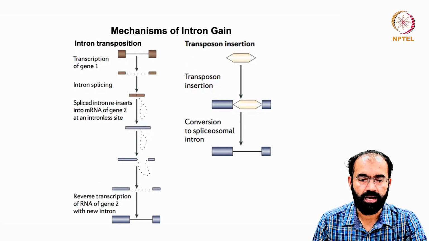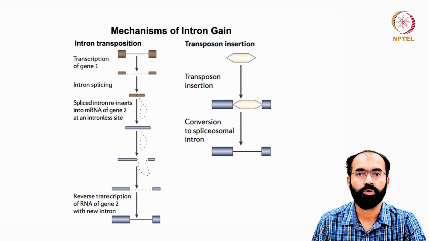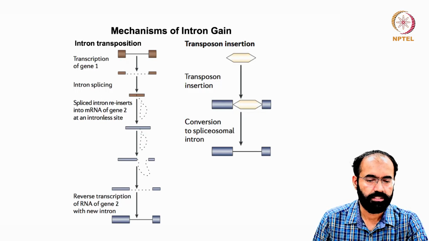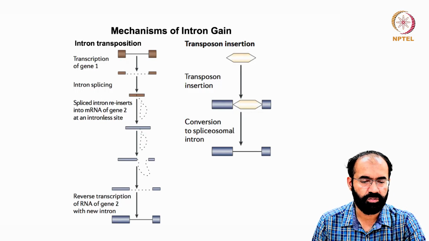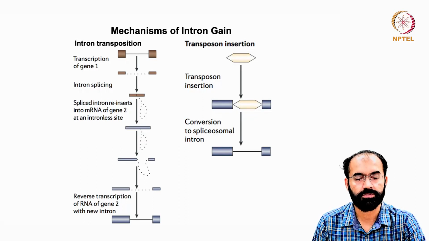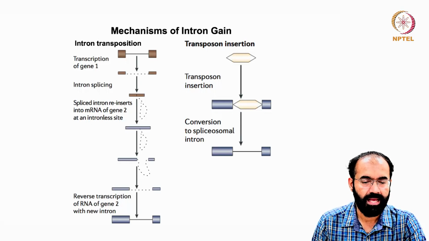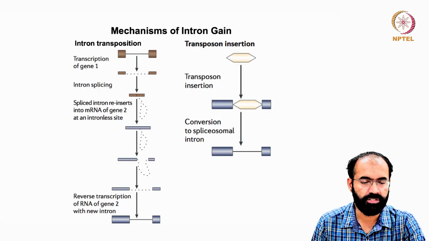Now let us see how can we have intron gain. How can you get gain of intron? So you can see here exon 1, exon 2, and the transcription takes place and introns get removed in the process of splicing, and the spliced intron reinserts into mRNA of a gene 2 in an intron-less site.